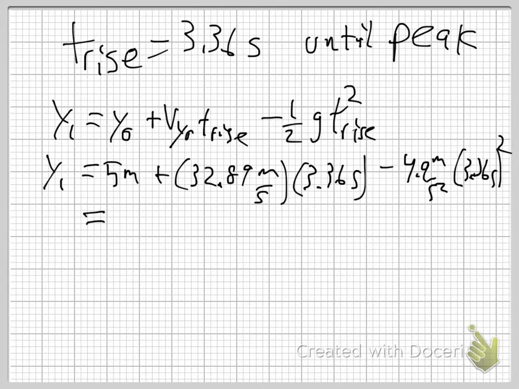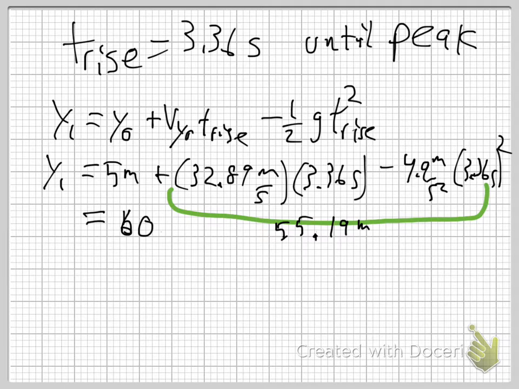You will end up getting about 55.19 meters. Maybe a little different due to rounding. Sorry, since you are adding in that 5 meters, this quantity here will be 55, and then we add that 5, so it's 60. So that's above the ground.